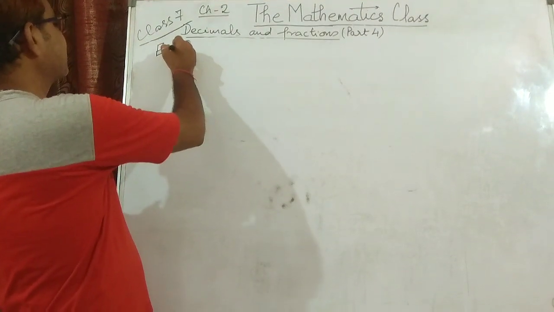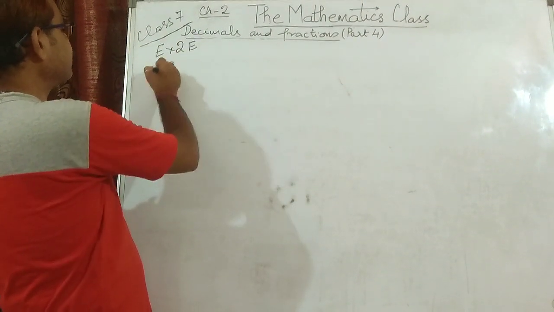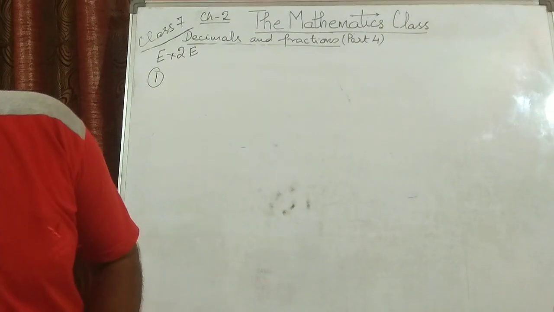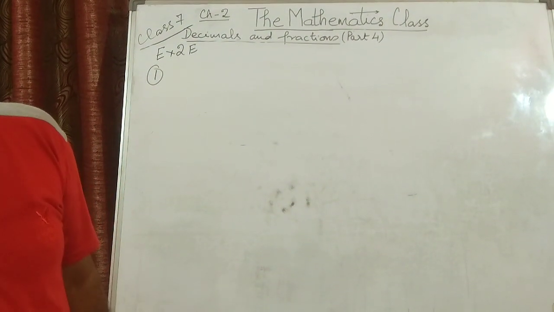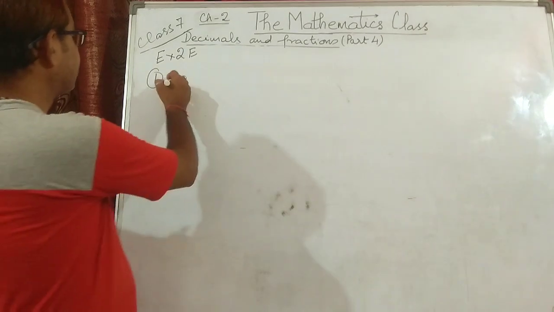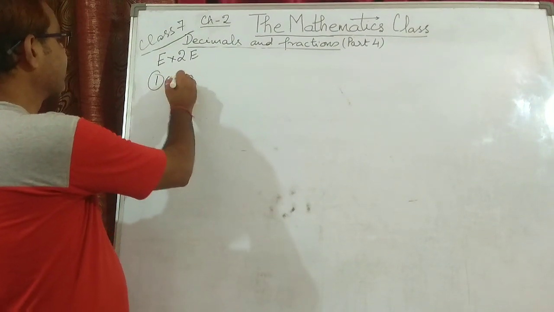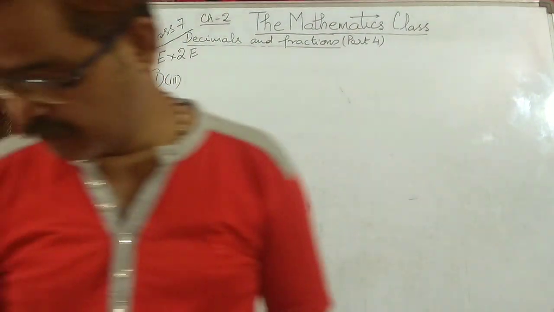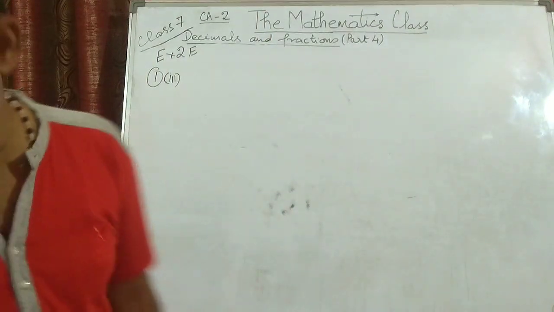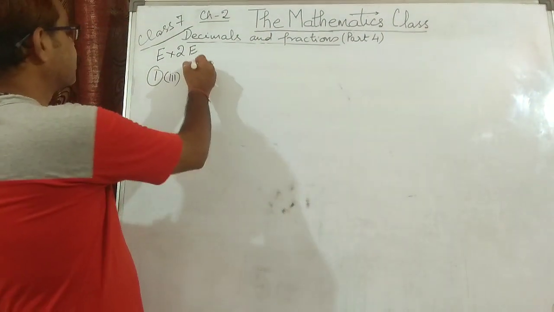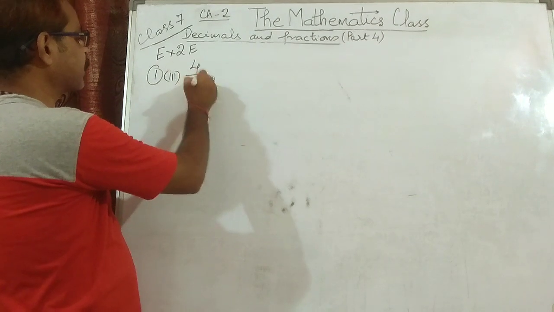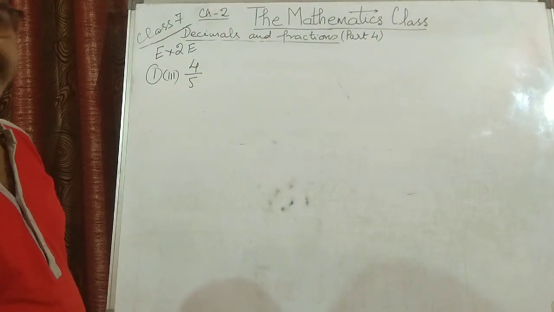So in this I am doing first question, let's say third part. Now you have to convert fraction as a decimal, and the third one is 4 upon 5. You have to convert it in a decimal.